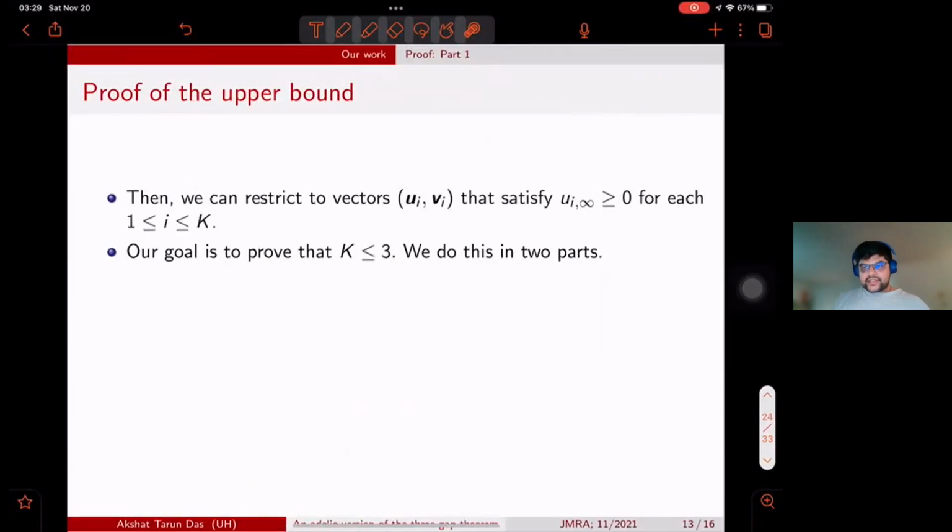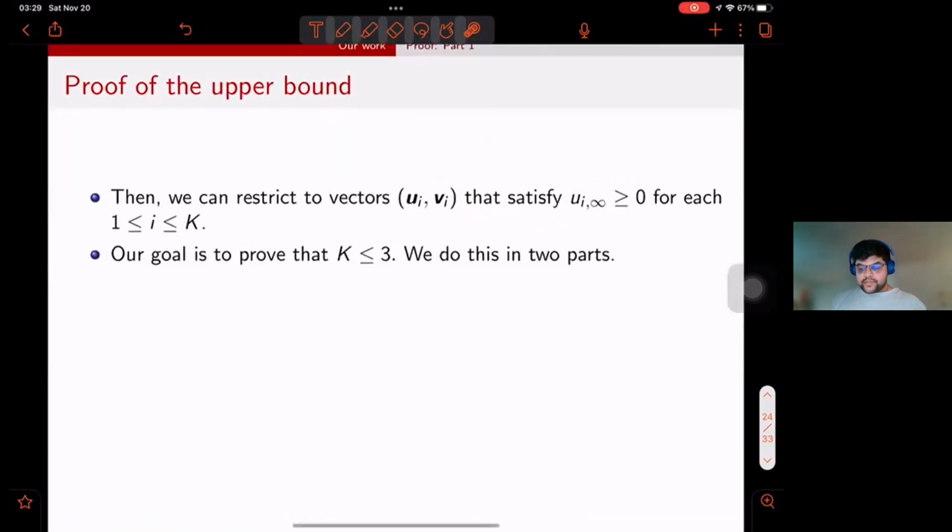So what this does is help us in restricting to choosing only those lattice vectors ui, vi, where the real component of the first component is going to be non-negative. So that's the freedom that we get with the last fact that we had. And both these facts are very, very important in the next few technical steps that we have in order to finish the proof. So since we assume that the capital G function is taking the value K, we basically want to prove that K is less than or equal to 3.